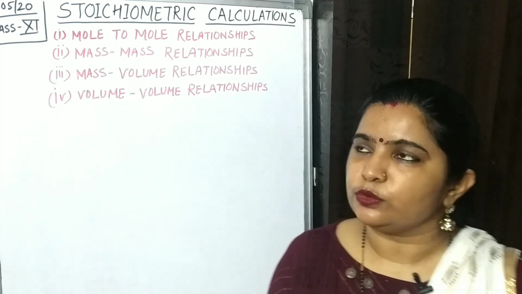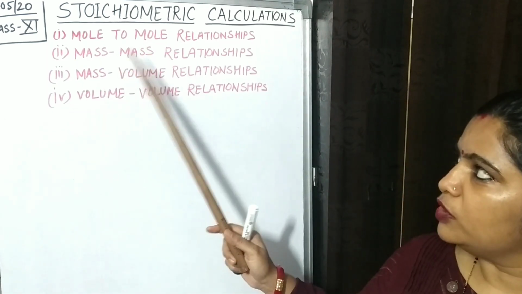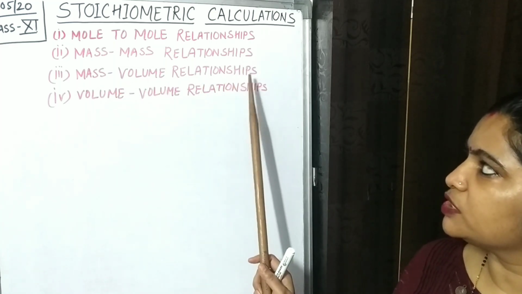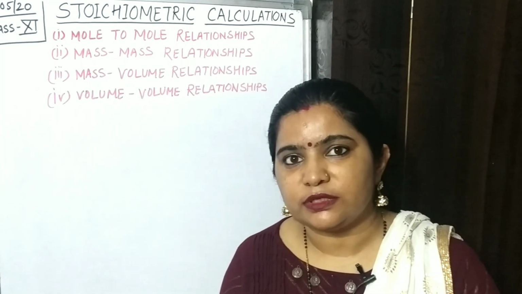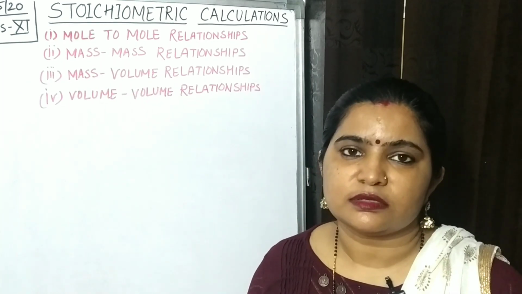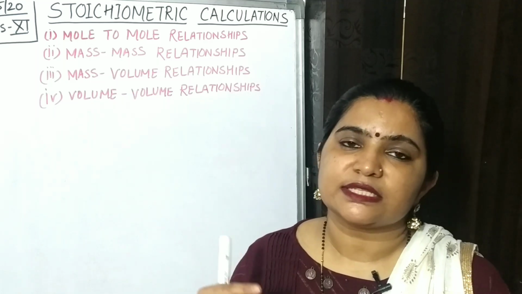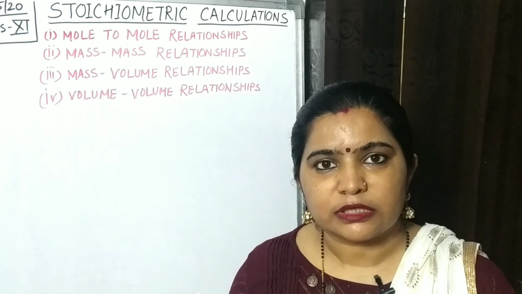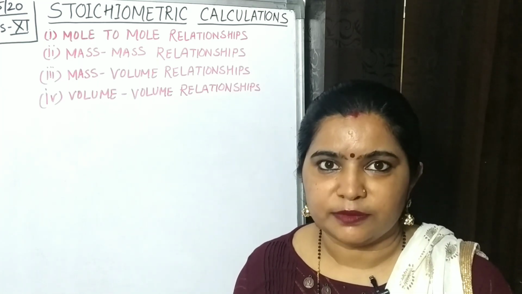So here we will do stoichiometric calculations which are related to mole to mole relationship, mass to mass relationship, mass to volume relationships, and volume relationships. But before that, I would like to tell you that if you are doing such calculations, your concepts regarding moles, regarding balancing chemical equations and how to write a chemical equation, all these terms should be clear to you, otherwise you will face a little bit of problem.